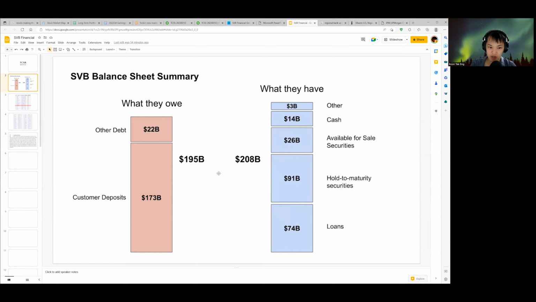Then they will do an assessment and liquidate whatever assets they have. Based on the money they can get from the assets they liquidate, they will see how much they can pay to the depositors. For every depositor, the insured amount, the 250K, for sure they will get that, no problem.